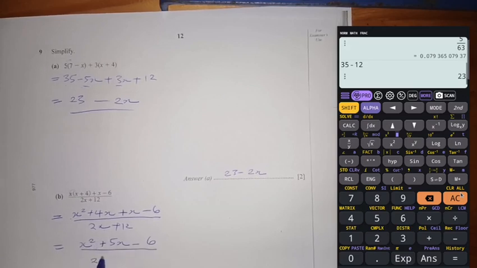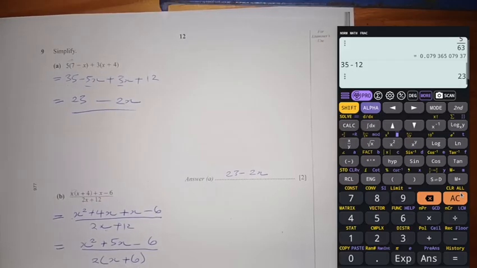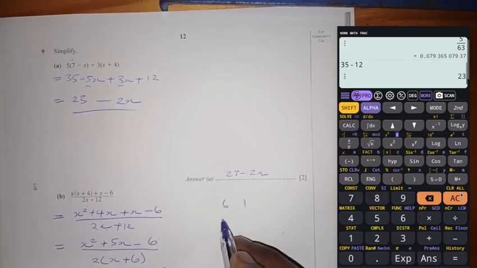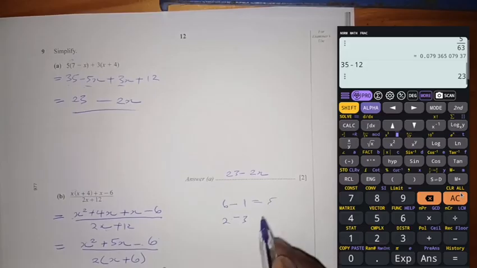We have a common factor 2 here, x plus 6. Let's also factorize the numerator. Factors of x squared are x and x. Factors of 6 are 6 and 1, 2 and 3. The sign here is negative. This is giving me 5, this is giving me 1. So I want the pair that gives 5, so it's 6 and 1. Then this is negative.